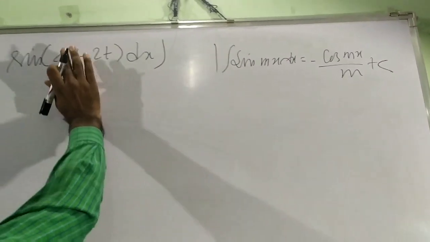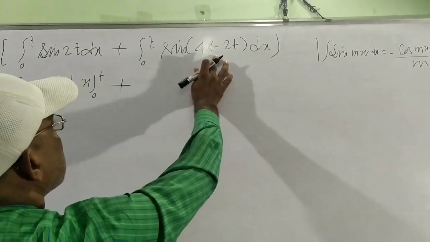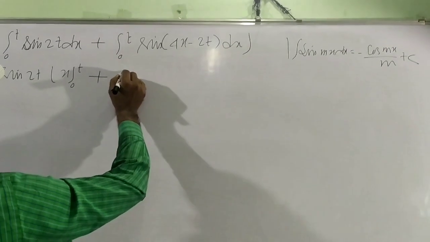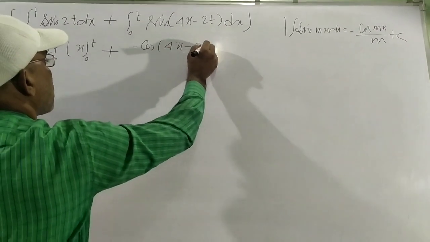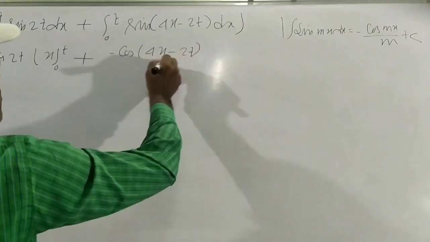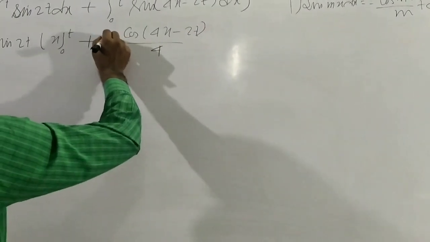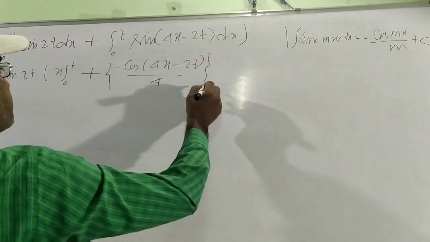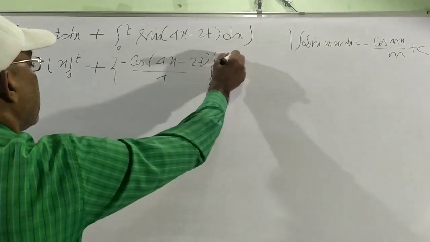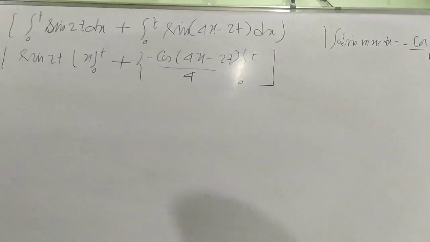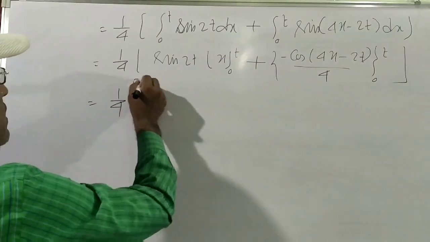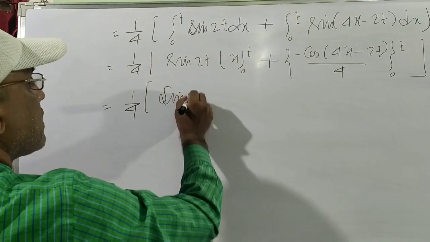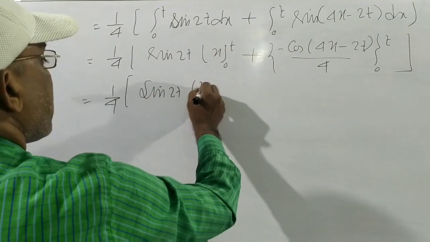So suppose this one is absent, this is sine mx, then this will be minus cos (4x minus twice t) by 4. We get this one. This is 0 to t. So 1 by 4 remains same, sine twice t, and this is t minus 0.